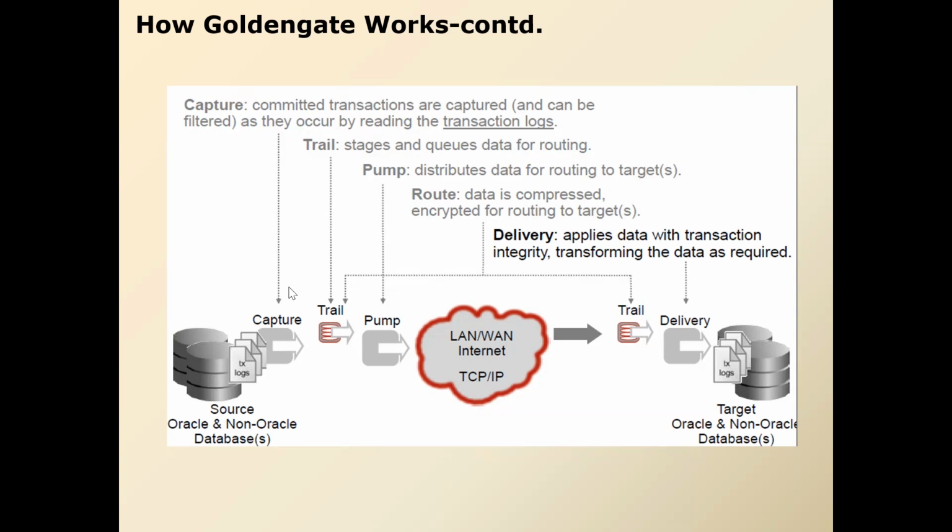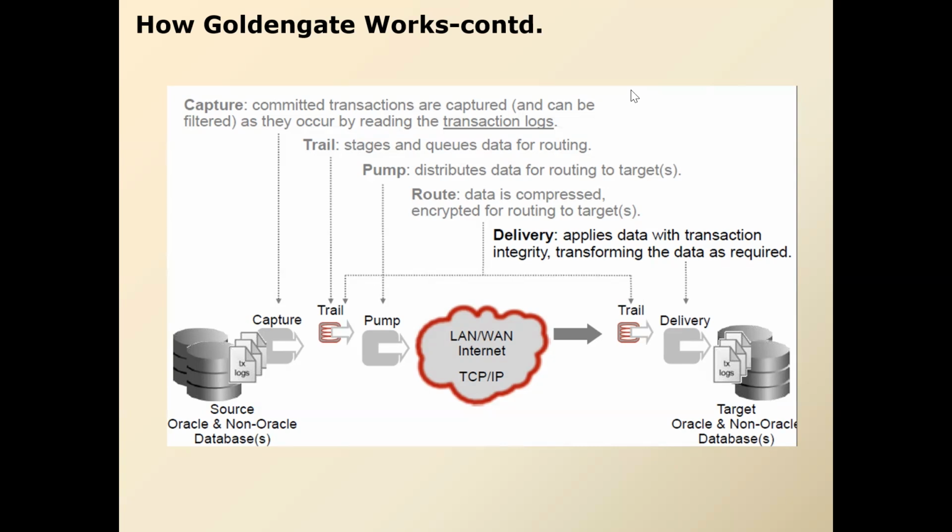Okay. Now what happens is the pump process reads the data from the local trail, sends it over the TCP/IP network, and writes it to the remote trail on the target. And then the Replicat process applies the data to the target database. So there are three processes involved in an Oracle Goldengate replication environment.